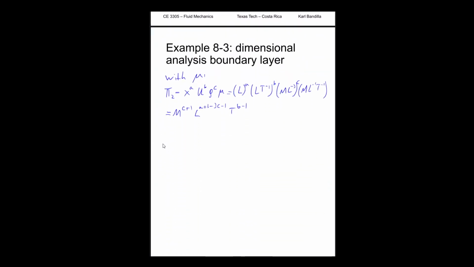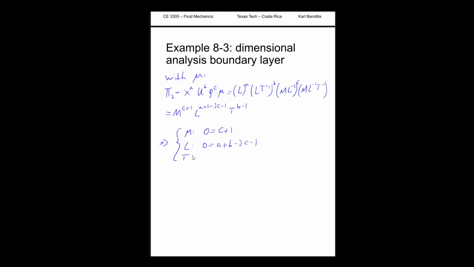So what do we see? We get, just like before, an equation for m. In this case, 0 is c plus 1. For L, we get 0 is 2 plus B minus 3C minus 1.